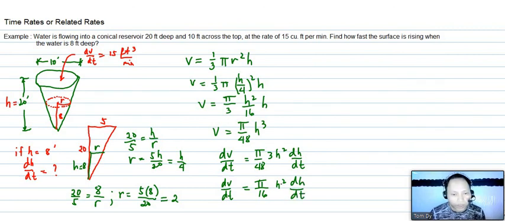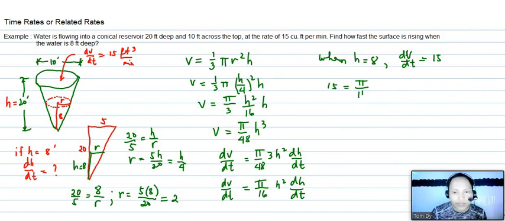Now, when h is equal to 8 and dV over dt is equivalent to 15, I will substitute these values into our equation. That becomes 15 equals pi over 16 times h squared dh over dt.